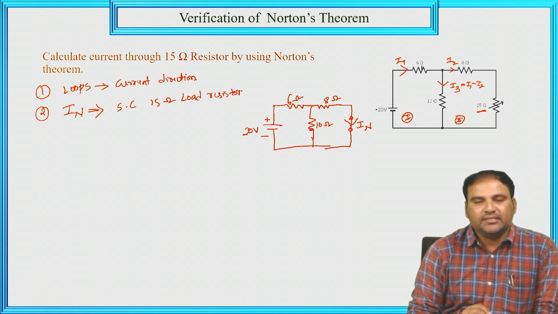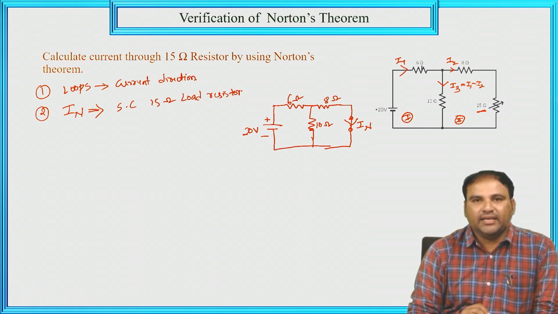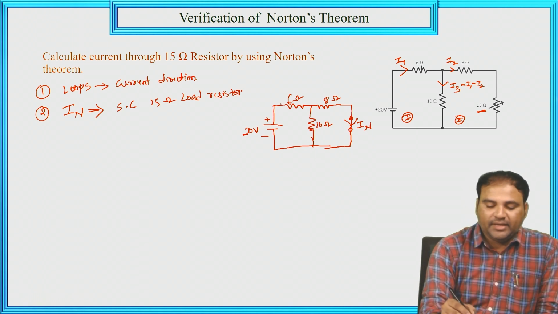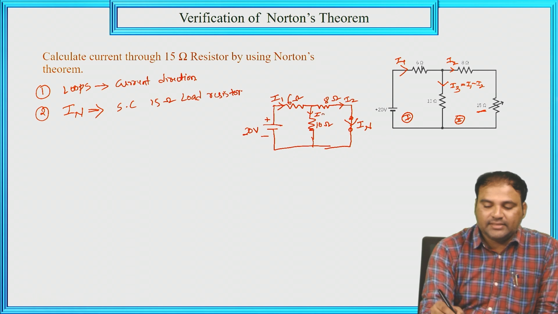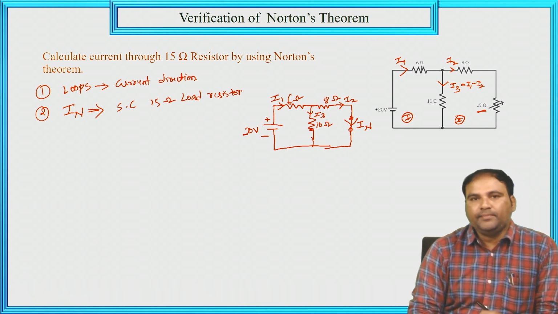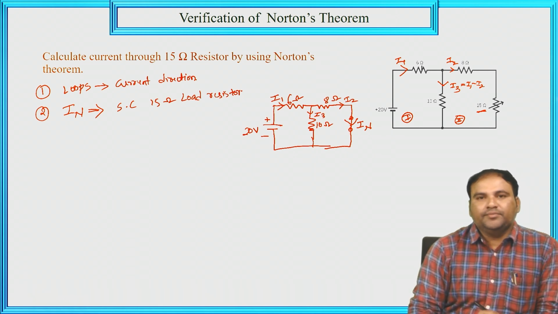In that case, first we have to find out the total resistance in the given circuit, after that the total current, and after that the Norton's current value IN through the 8 ohm resistor. Okay. So the current through 6 ohm is I1, the current through 8 ohm I am taking as I2, and the current through 10 ohm I am taking as I3. Right.